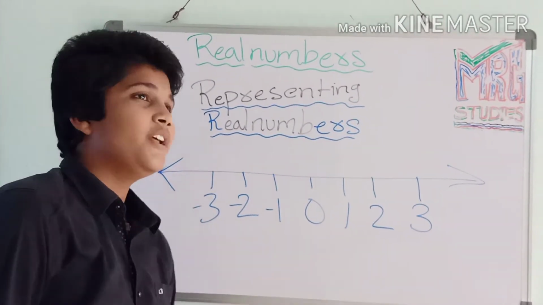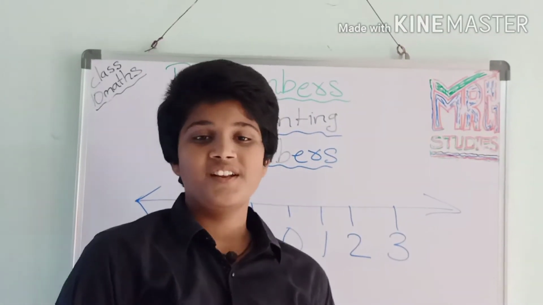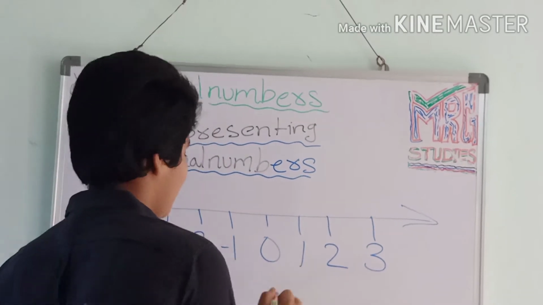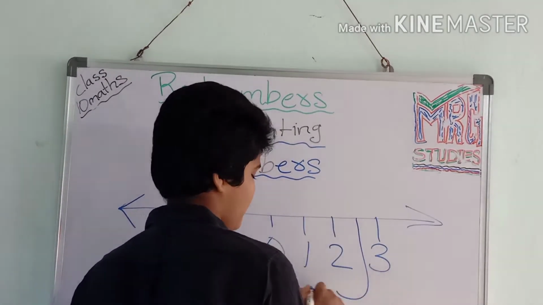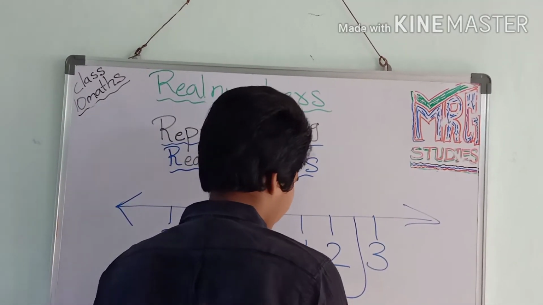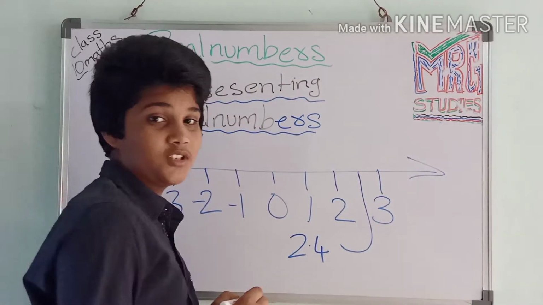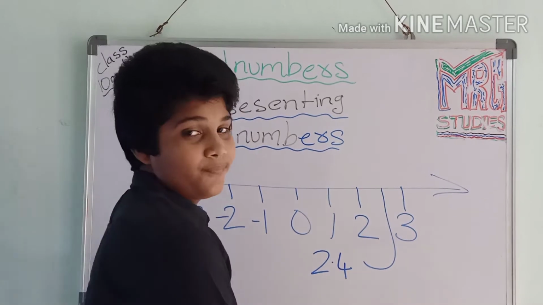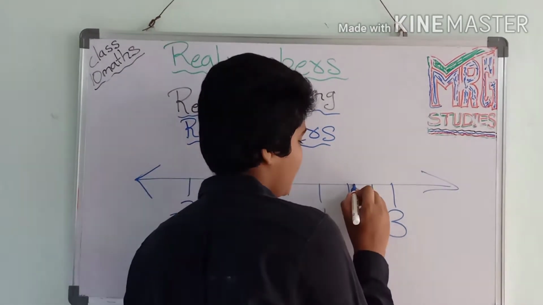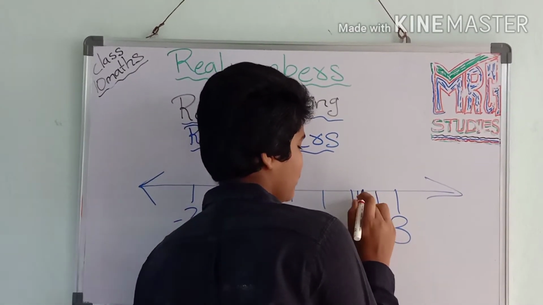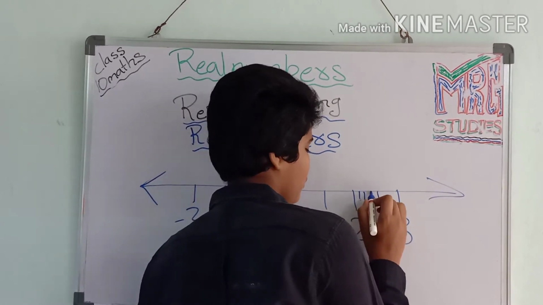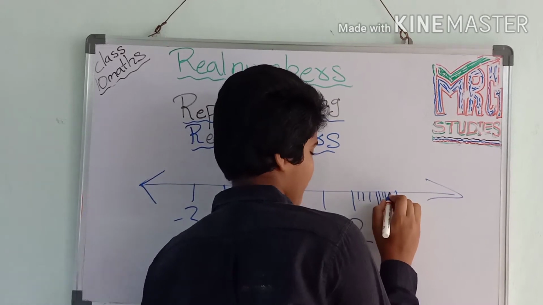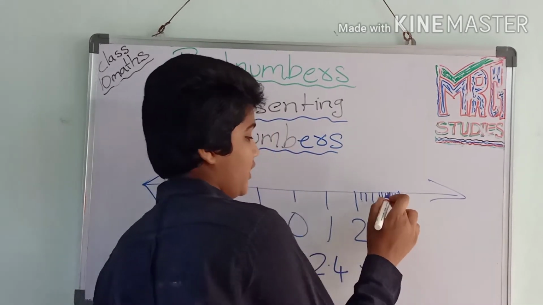If in the exam you are asked to represent 2.4 on the number line, see here. We will do it like a scale, with 2, 3, 4, 5, 6, 7, 8, 9, 10.